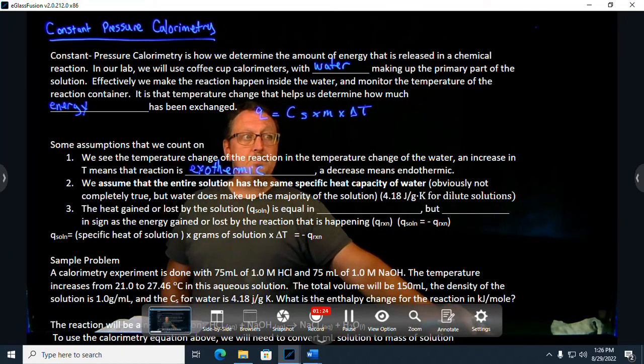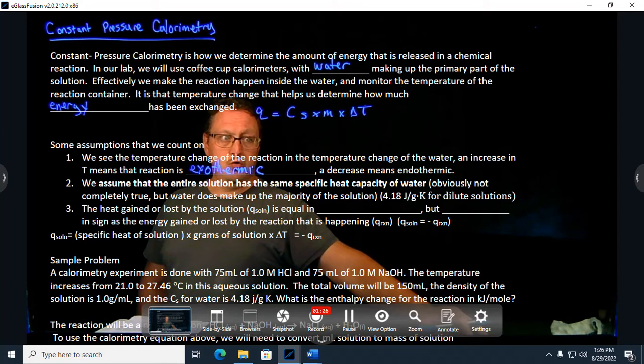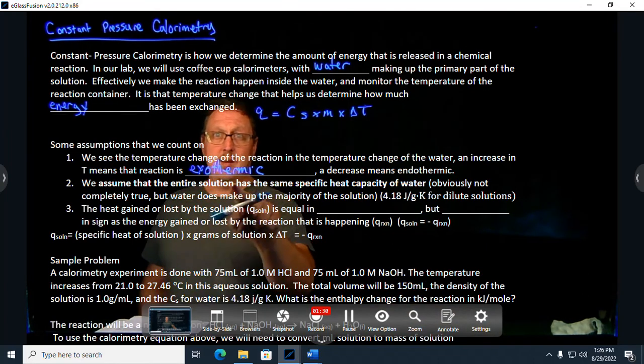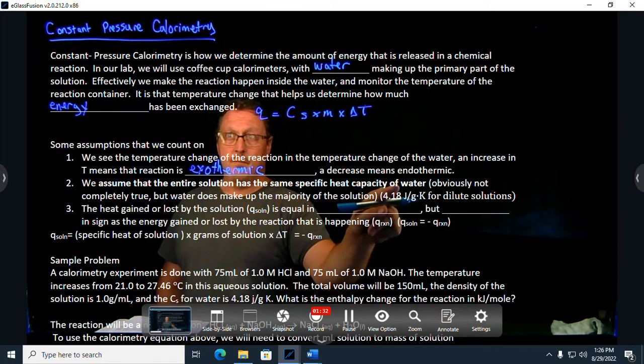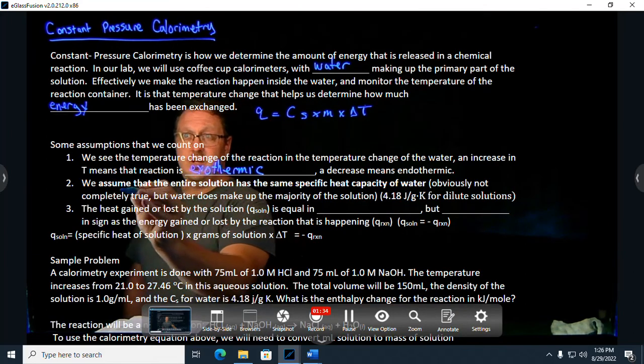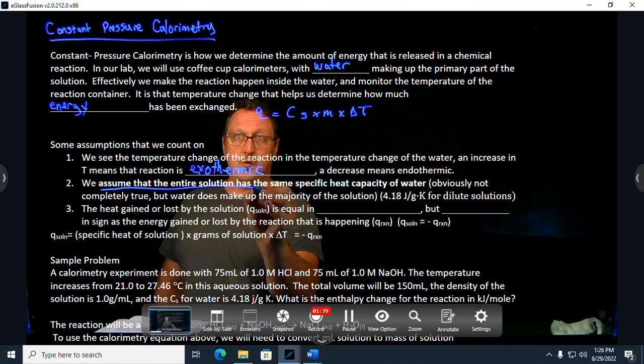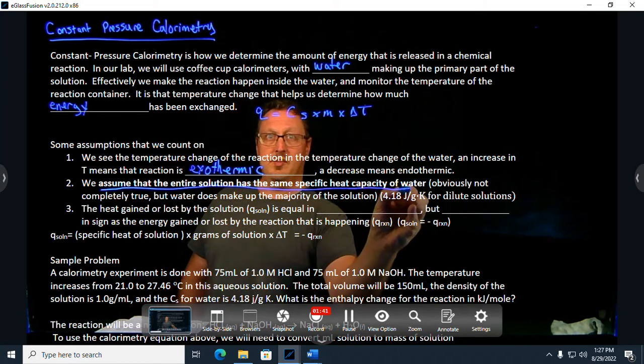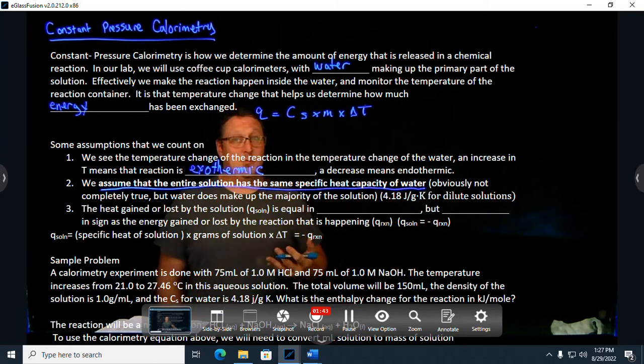Now, we assume that the entire solution has the same specific heat capacity as water. Now, here we go. This is a huge assumption, and I want to spend just a little bit of time on this, okay? We assume that the whole solution has the specific heat capacity of water, though we know it can't.